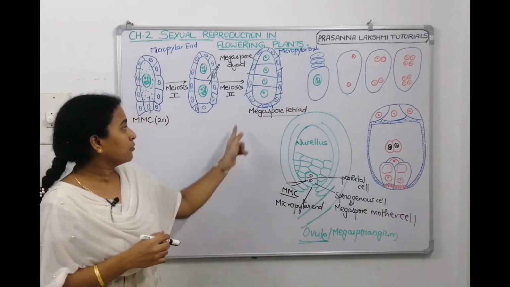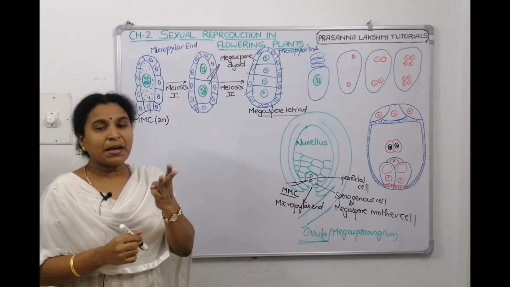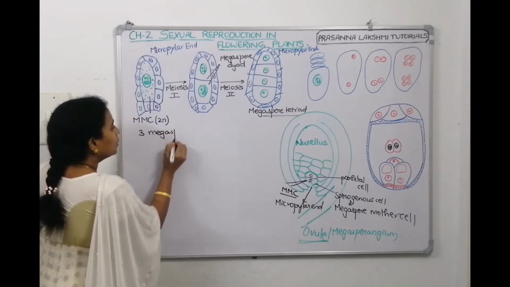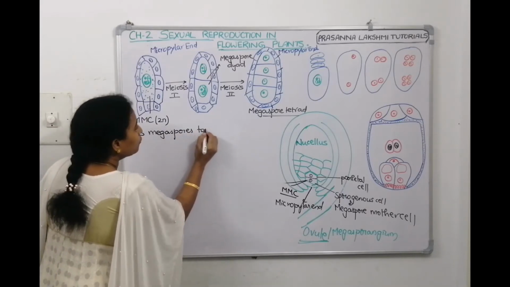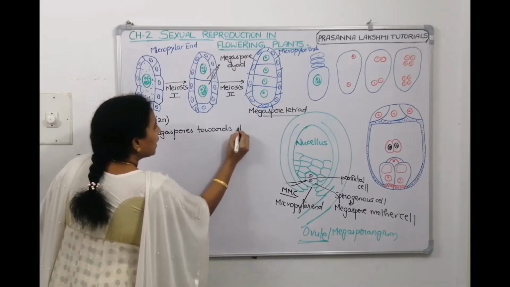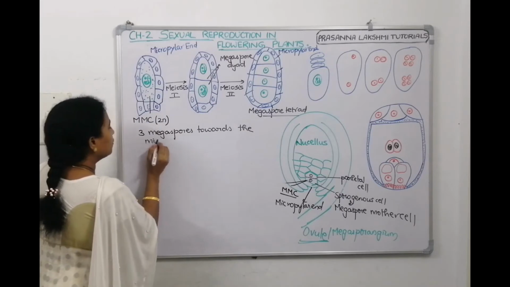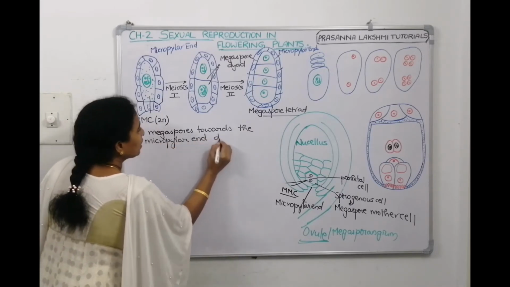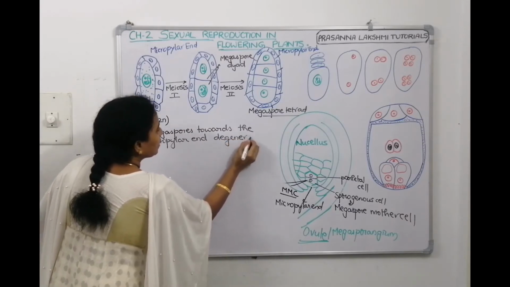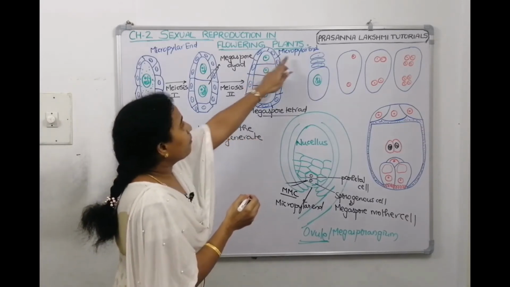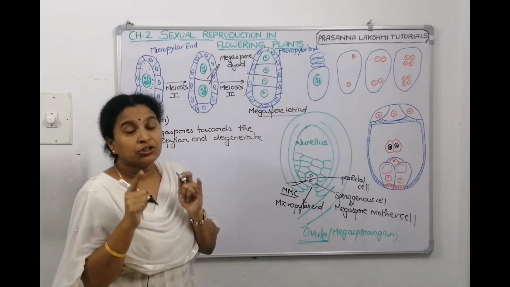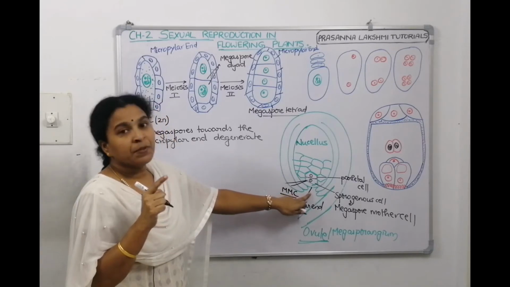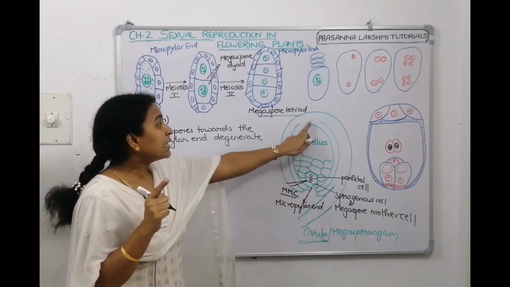Out of 4 megaspores, 3 megaspores towards the micropylar end will degenerate. If they are degenerating at this end, the functional megaspore will be towards the chalazal end.